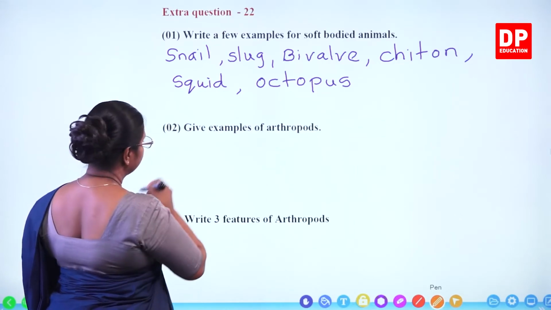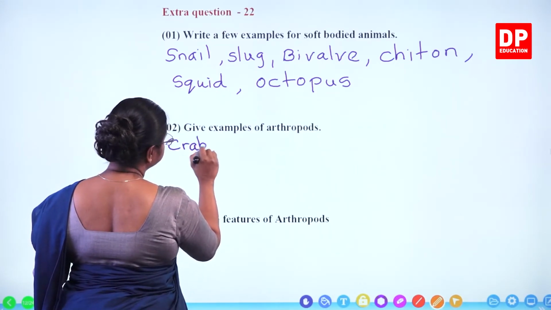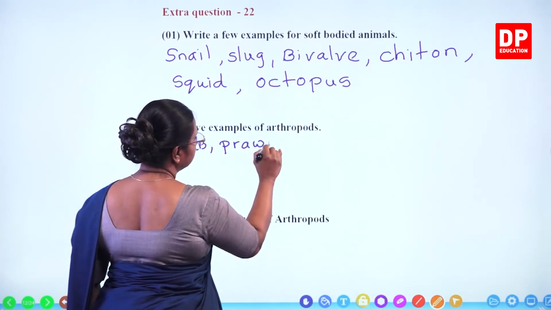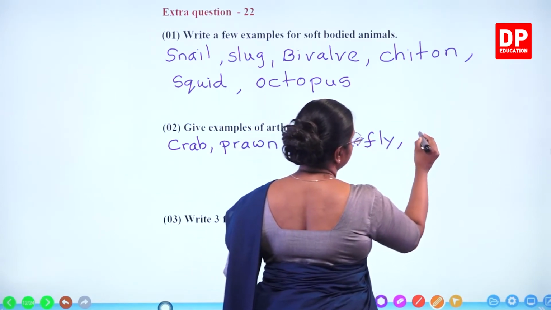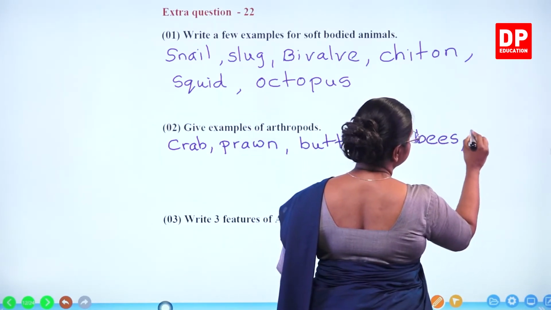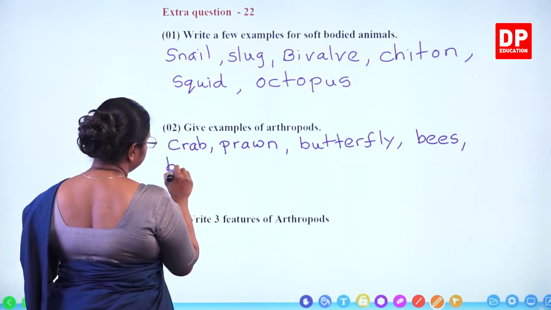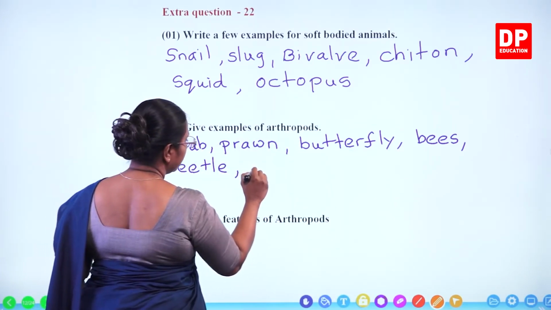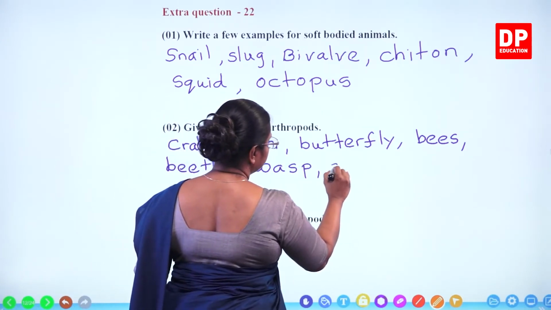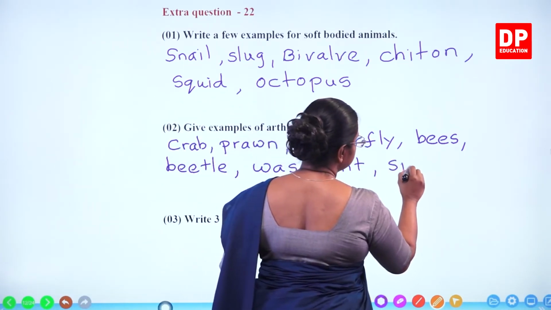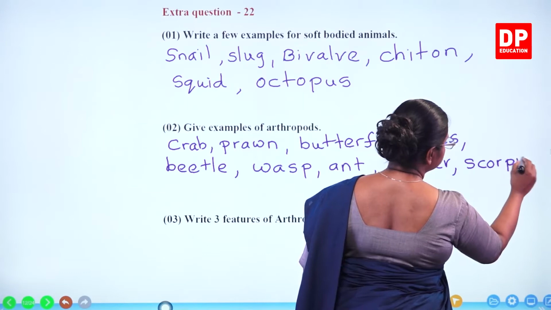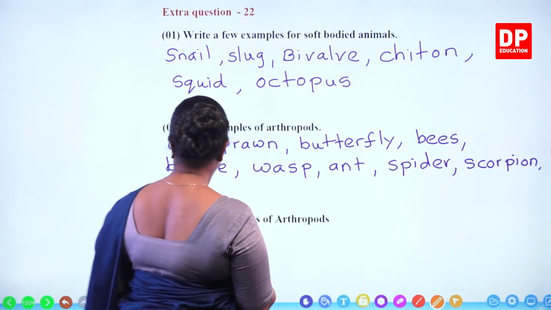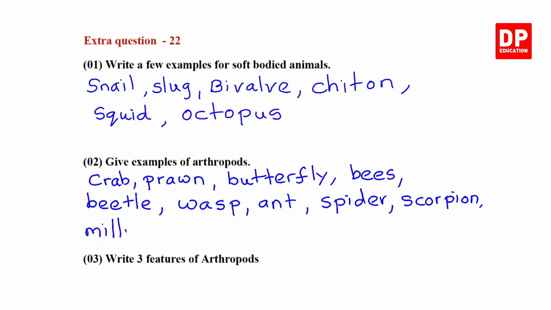So I will write a few examples. Crab, prawn, butterfly, bees, beetle, wasp, ant, spider, scorpion, millipede, centipede.